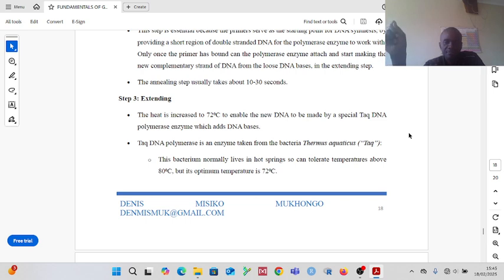So extension or elongation, step 3 of the PCR process, is a principal function of the DNA polymerase in vitro. The DNA polymerase in vitro is obtained from a bacterium which we call Thermus aquaticus, because that bacterium is found in hot water.